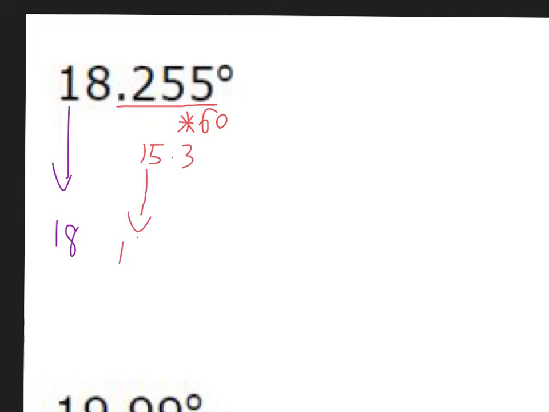That 15 is going to come down. And then I'll take this 0.3, multiply that by 60, which will give me 18. So my answer in this case, 18.255 degrees, is the same as 18 degrees, 15 minutes, and 18 seconds.